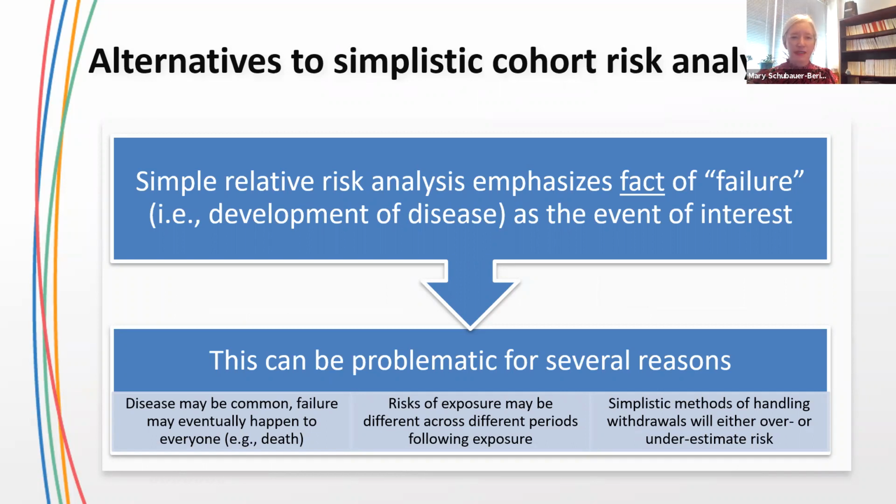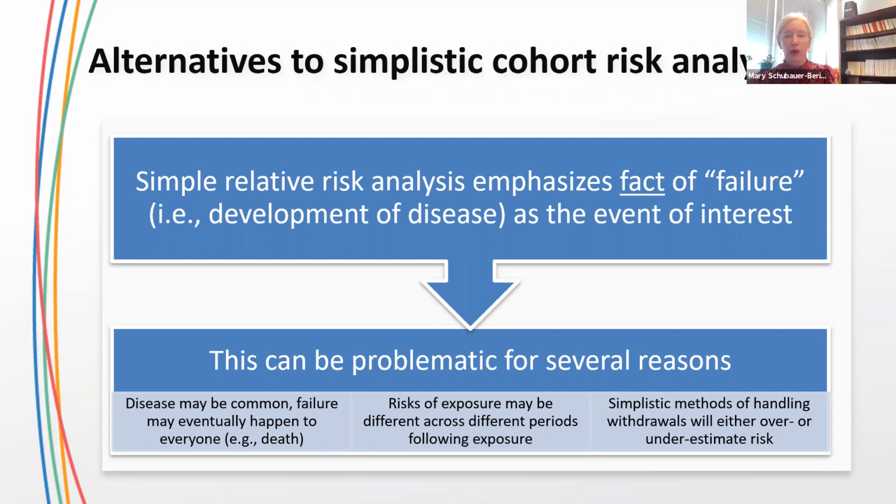One of them is that the disease may be common and therefore failure may eventually happen to everyone. For example, if you were conducting a cohort study of people's exposure to, I don't know, any common occupational exposure, and your outcome is death, well, everyone will eventually die. So fact of occurrence is just not that useful here.